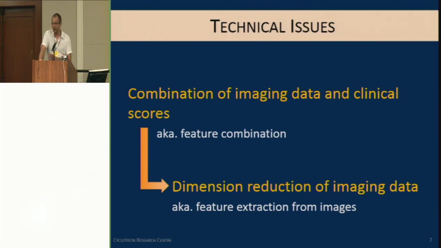And if we stick with mostly what was presented so far, everyone is just using the images. It's a bit of a shame not to use the other information that is there, but it's not in the imaging format. So this feature combination is clearly something we need to work on.